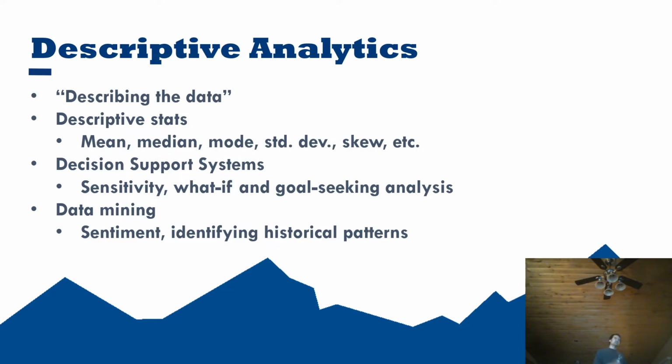And in general, it's going to just describe the data. It's not providing any sort of information beyond this is what the data looks like. It's no prediction. It's just saying this is the data as we see it. Some common examples of descriptive analytics would be sensitivity analysis: how sensitive is the data to change? What-if analysis, as well as goal-seeking analysis.